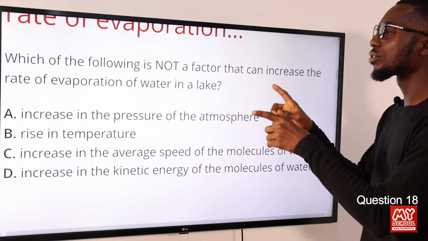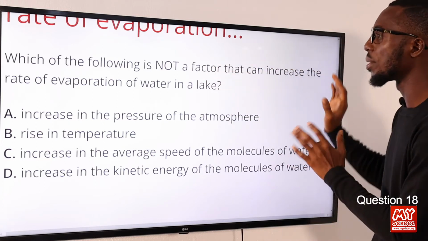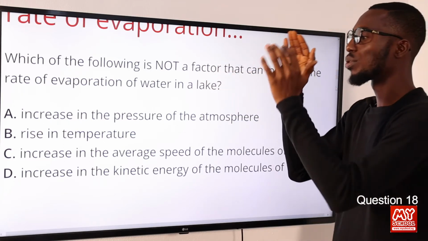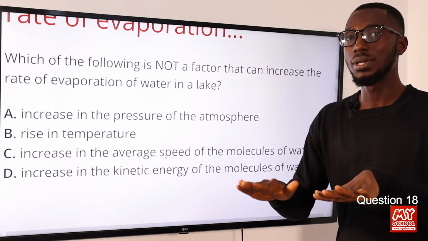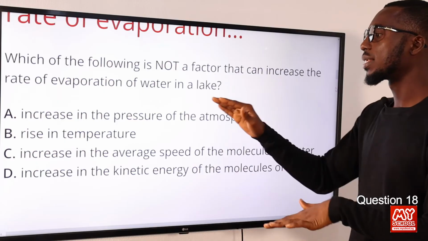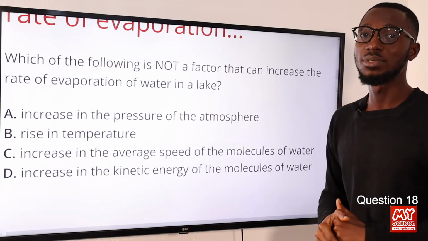The question requires which of the following is not a factor that can increase. So if you increase pressure, you are not increasing the rate of evaporation, you are decreasing it. So this is option A, the exception that we are looking for.